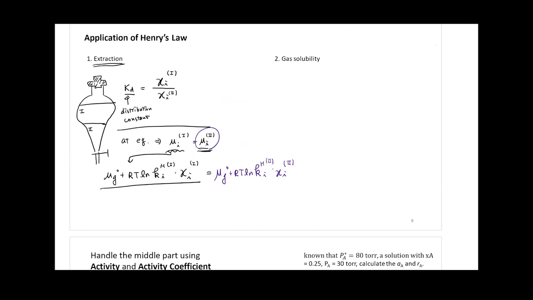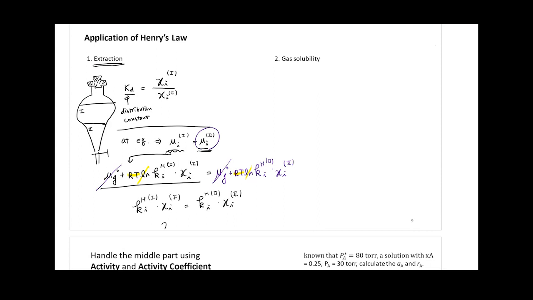Once you write these things out, you will realize mu G naught cancels out, RT cancels out, and the natural log can be removed. So in the end, what you have is KH I in phase 1 times XI in phase 1, which is going to equal KH I in phase 2 times XI in phase 2.